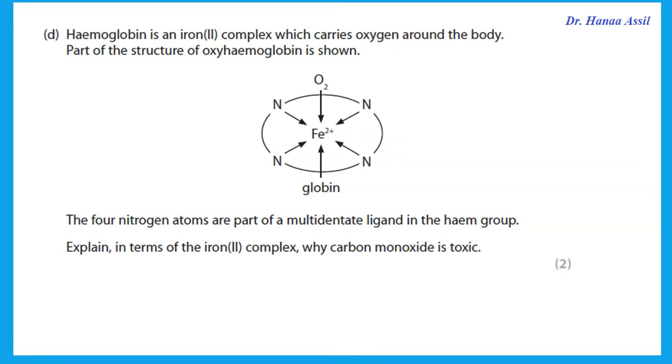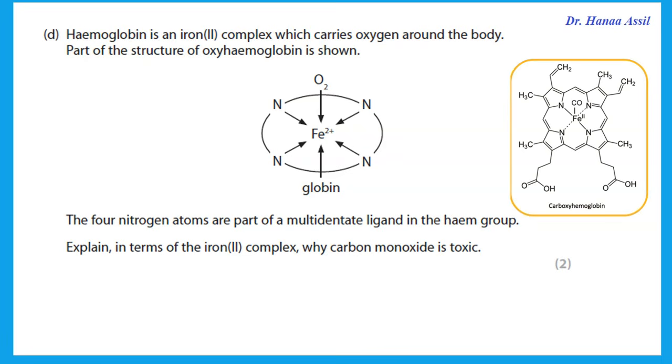Hemoglobin is an iron 2 complex which carries oxygen around the body. Part of the structure of oxyhemoglobin is shown. The 4 nitrogen atoms are part of a multidentate ligand in the heme group. Explain in terms of the iron 2 complex why carbon monoxide is toxic. Remember that if carbon monoxide is attached to the hemoglobin, this forms what we call carboxyhemoglobin.